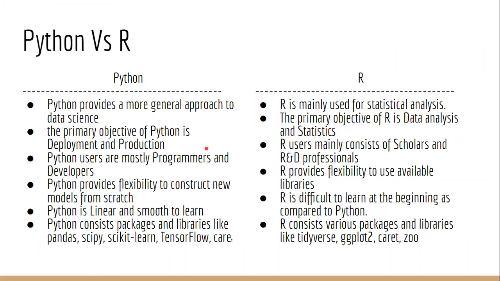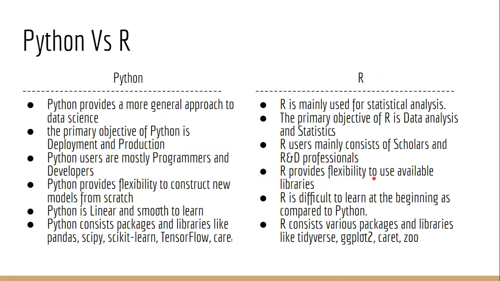The primary objective of R is data analysis and statistics, whereas the primary objective of Python is deployment and production. R users mainly consist of scholars and R&D, research and development professionals, while Python users are mostly programmers and developers.